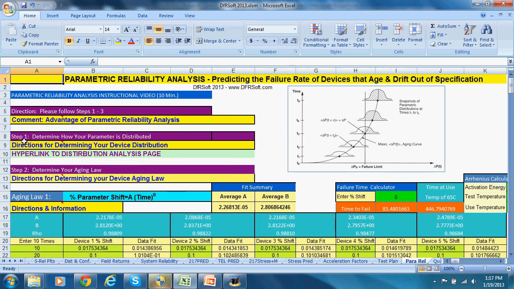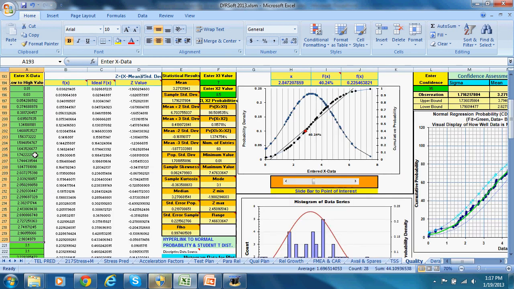In DFRSoft, step 1 is the first thing you're going to do: characterize your distribution. We need to know what the mean and the sigma are. So you hyperlink over and say you're measuring resistors. You put your resistor values in the green squares, on the quality page we hyperlink to down below.